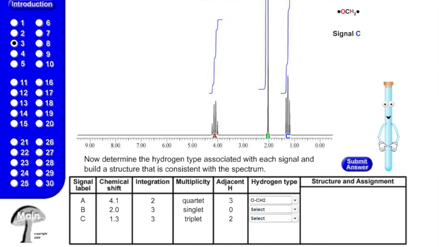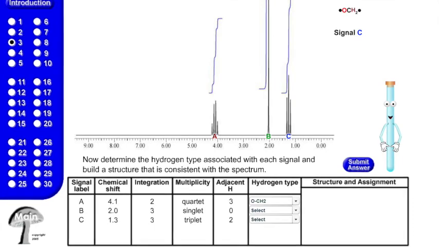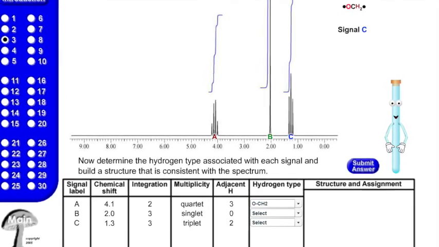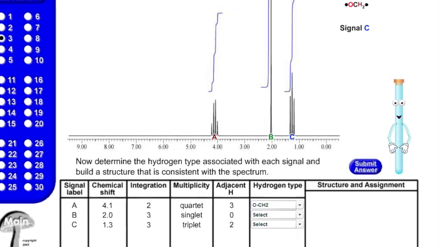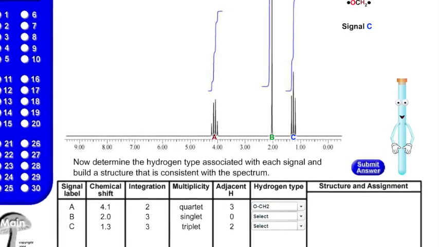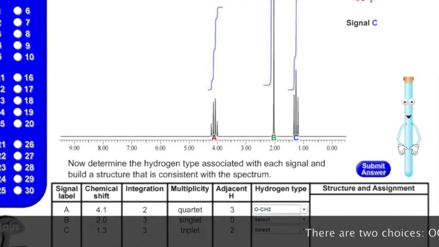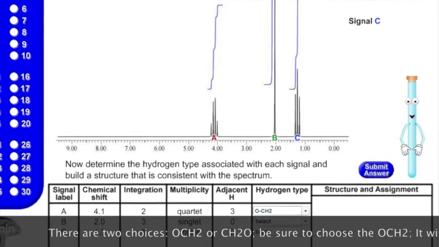We have a CH2 next to an O. There are 2 different kinds of CH2s next to an O, so it depends on which side you want to connect to the next bond.